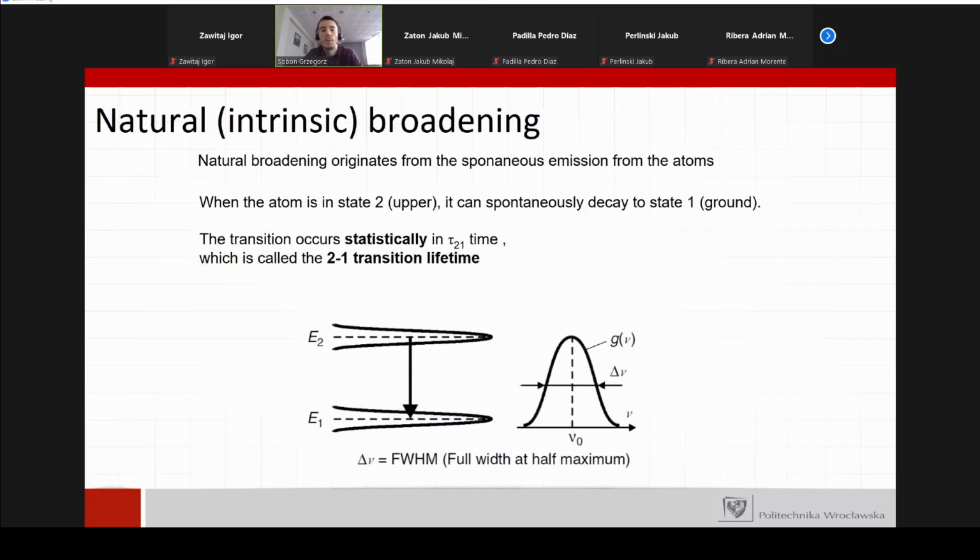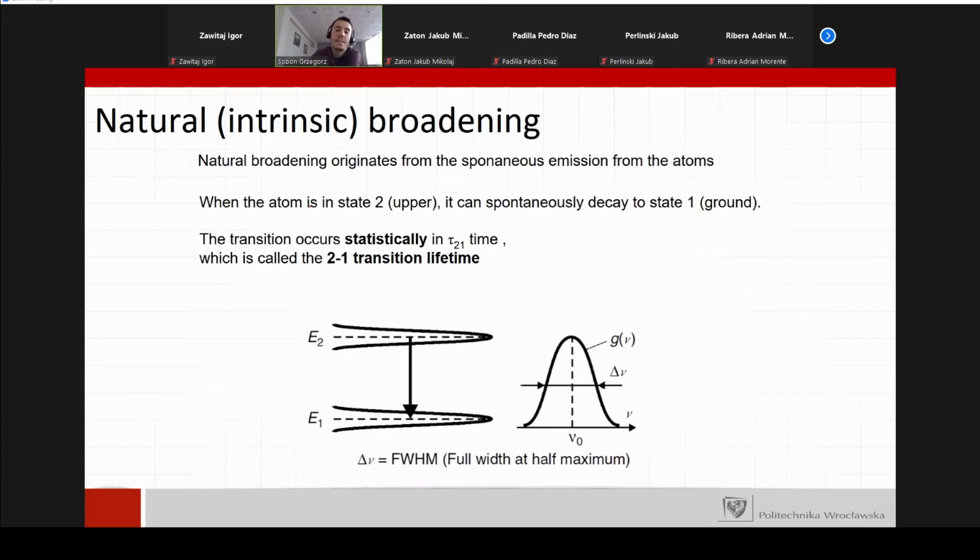So natural broadening, also called intrinsic broadening, originates from the spontaneous emission of the atoms which are inside our gain medium. So, of course, as we already said, the laser is dominated by stimulated emission, but still we need to consider that there still will be some spontaneous emission. Okay, so if the atom is in the upper state, it can spontaneously decay to the ground state and emit a photon.